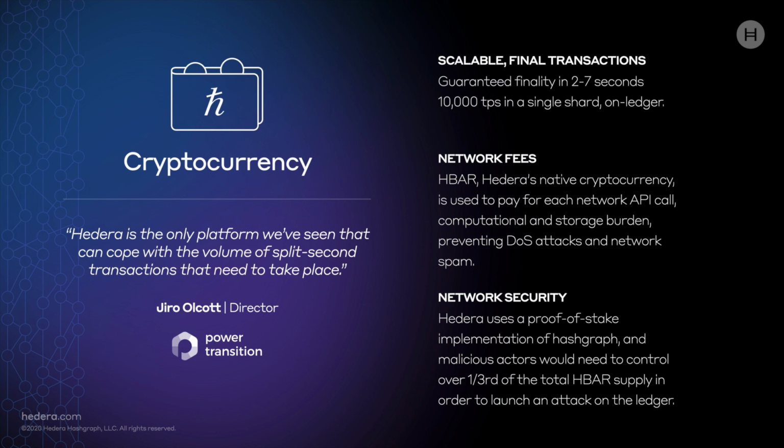It's used by developers as fuel to pay for API calls on the network and powering their applications. And it's also used as a network security mechanism. So the Hedera network is a proof of stake network, and HBAR is staked to nodes, and that adds weight when they are voting on transactions in order to achieve consensus.